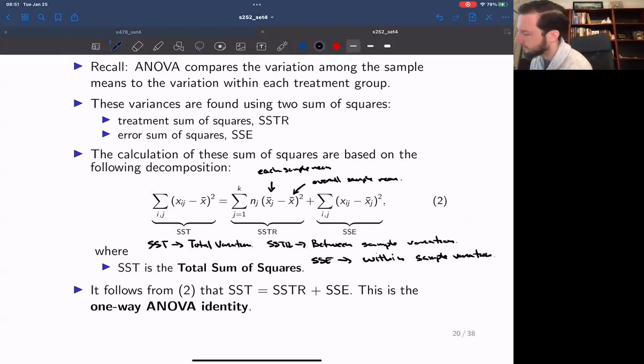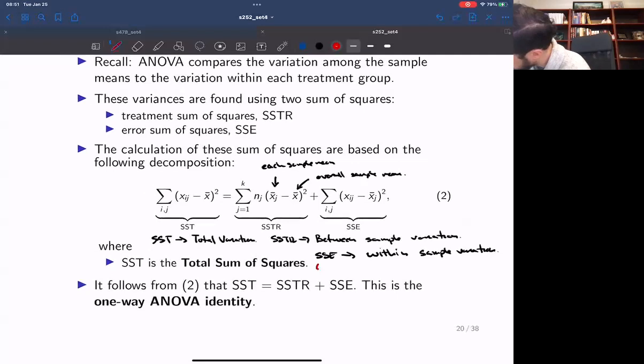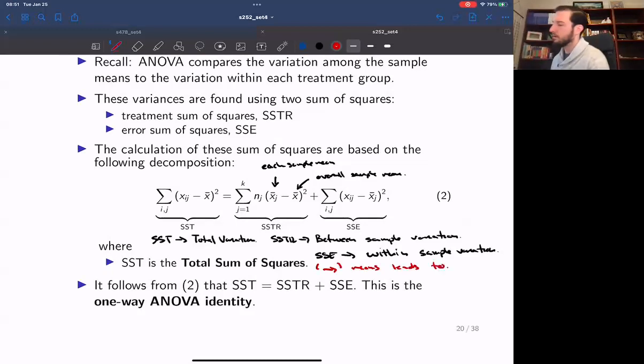And then just to be clear here, the arrow means leads to. Okay, so the arrow is saying SSTR leads to total variation, or sorry, SST leads to total variation.